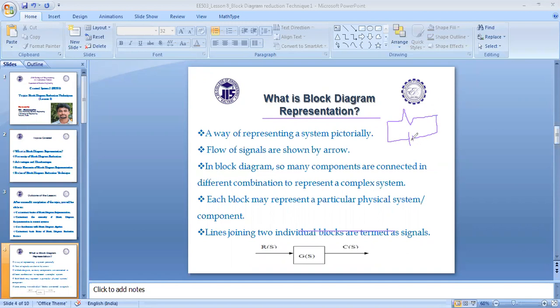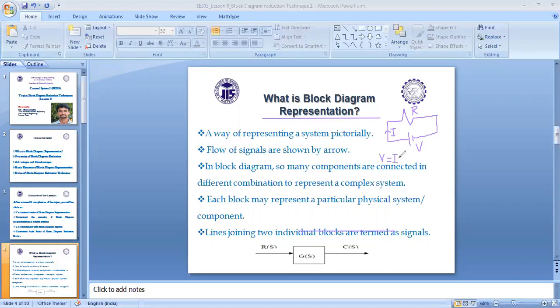For simplicity, let us draw the simplest electrical circuit consisting of one resistor, one voltage source, and due to connection of the voltage source V, one current is flowing through the closed path. Now, for this circuit, we can write V equals IR.